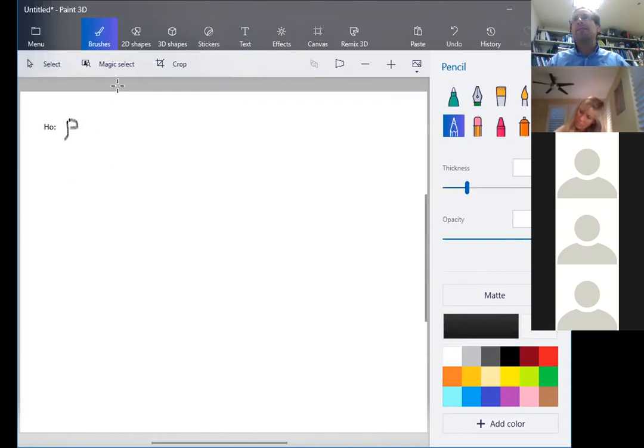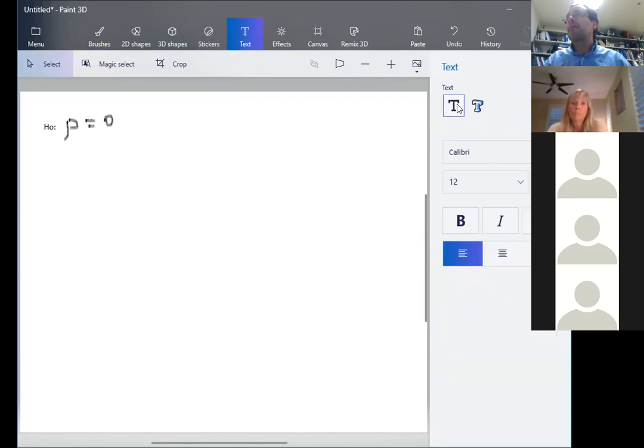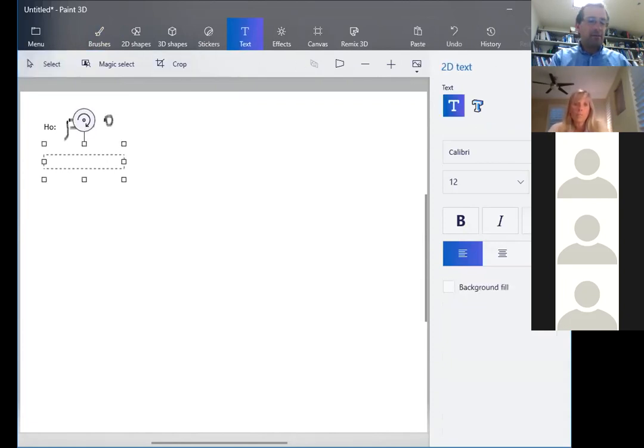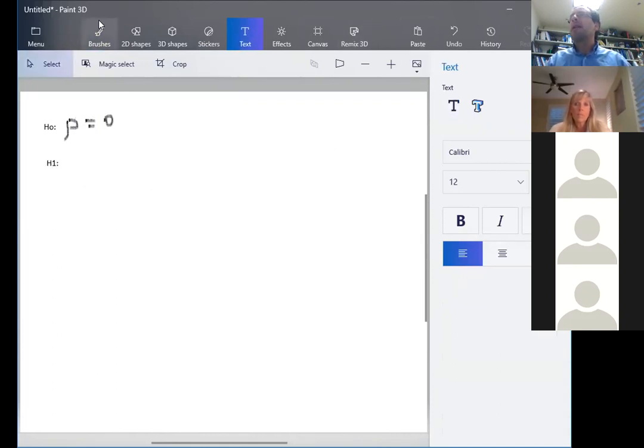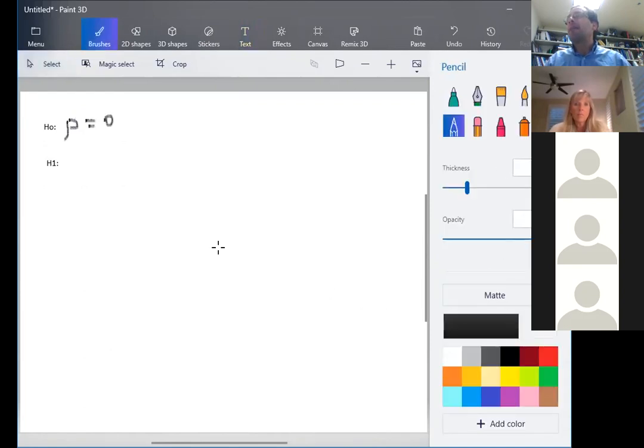I'm not sure what the it is, but maybe we'll get there. So rho equals 0. And then we're going to have an H1. Rho not equal 0. Any questions on that?